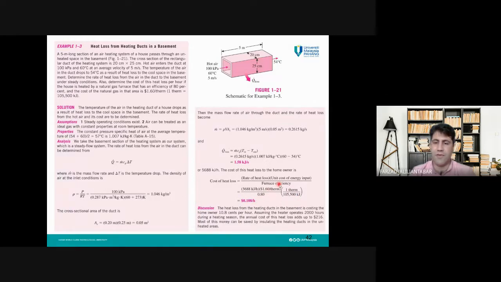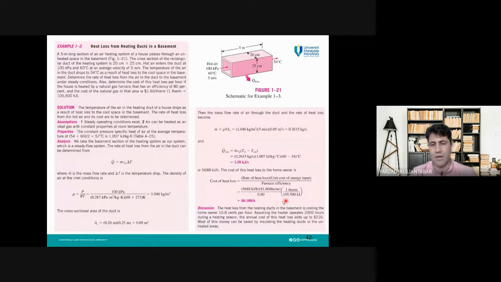Finally, the furnace efficiency also should be put in our equation. The furnace efficiency is given. How much is it? 80%. So we put here just 0.8 because the efficiency is 80%, in other words, 80 by 100. So it means it is 0.8.